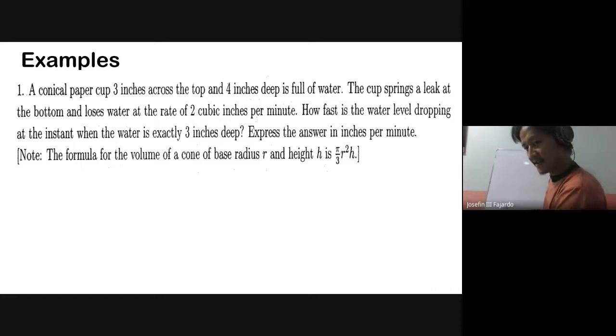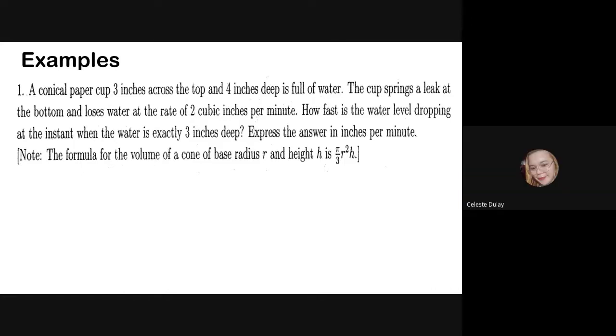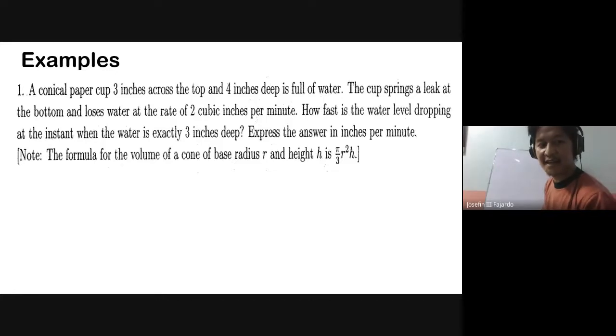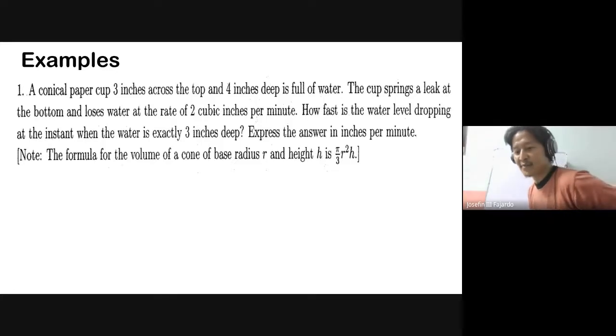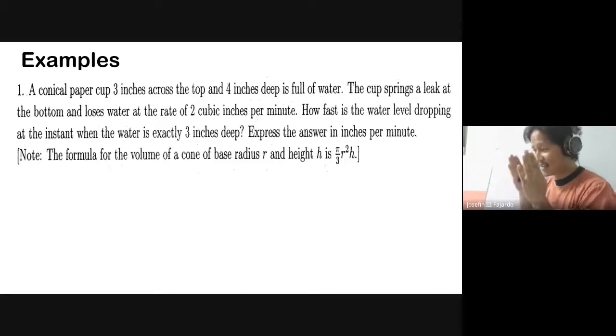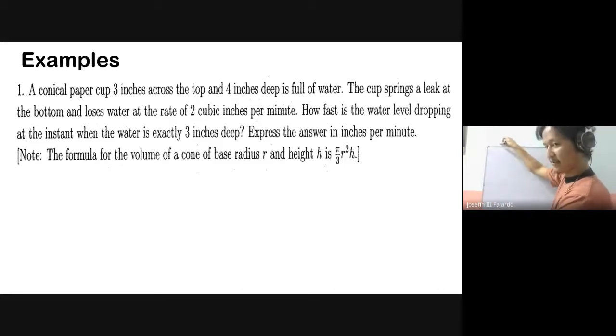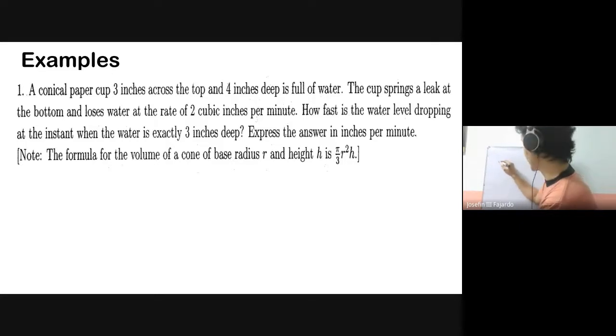Kita niya ta? Okay. Yes, sir. So we have a conical paper cup, yung paper cup na parang yung sa ice cream pero papel siya. Yun ang nilalagyan ng tubig. Kunwari, ito ba?